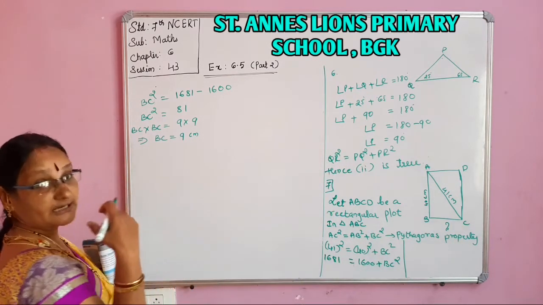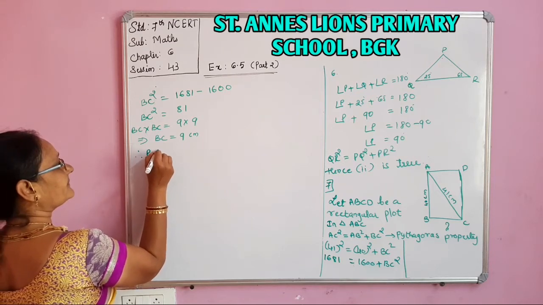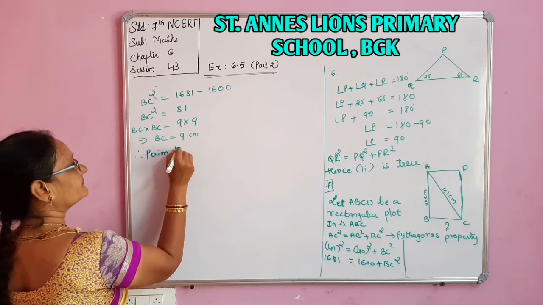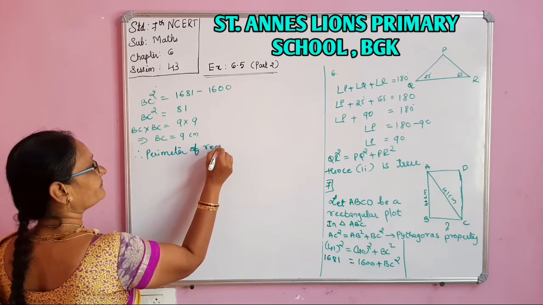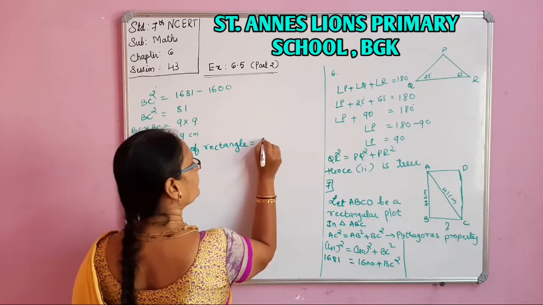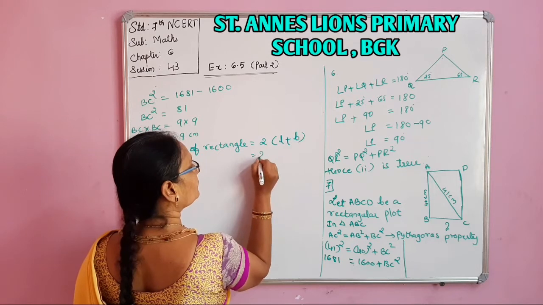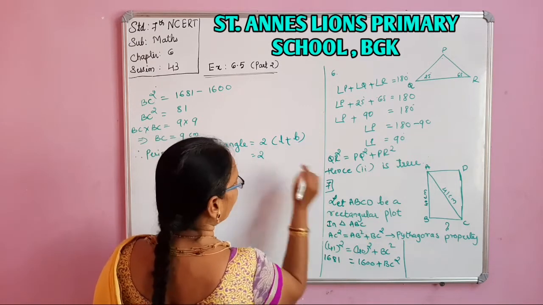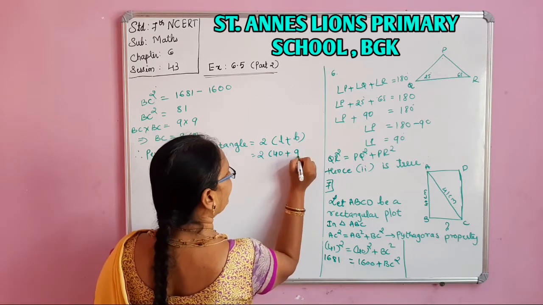Now what is the perimeter of the rectangle? Therefore, perimeter of rectangle is equal to 2 into bracket L plus B. What is L? Length is 40. What is breadth? Just now we found that it is 9.